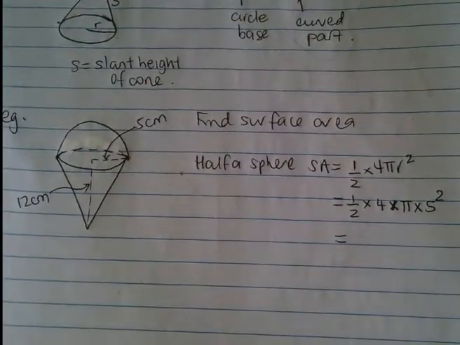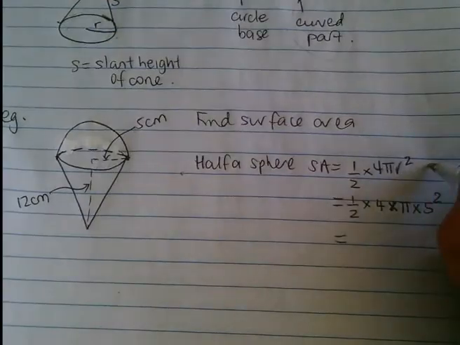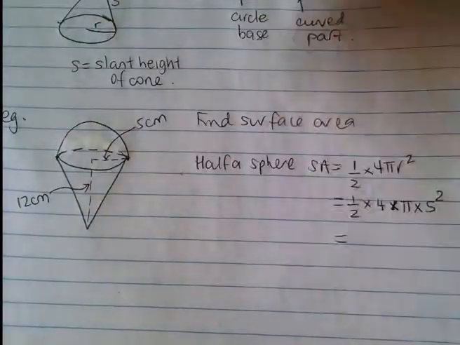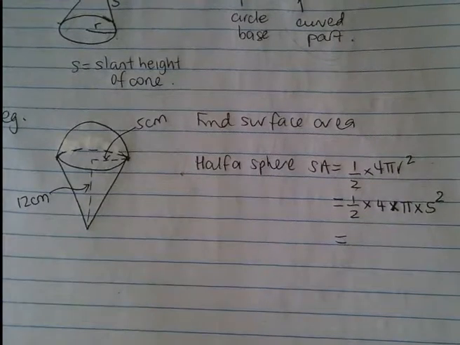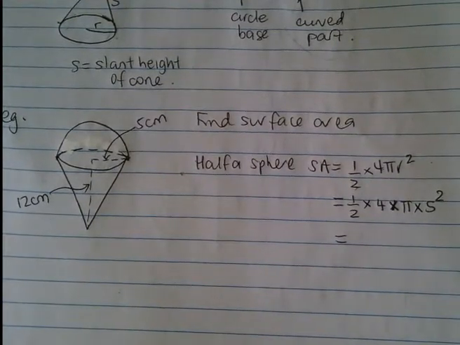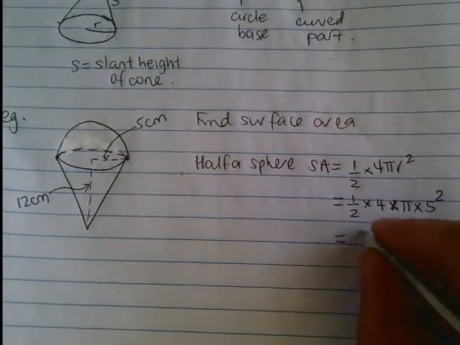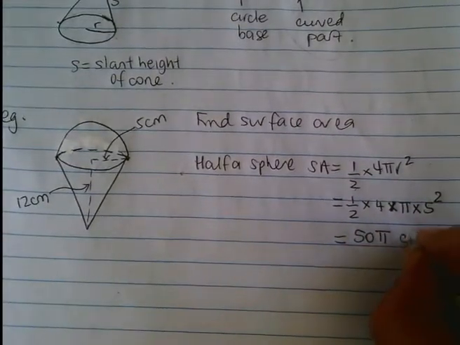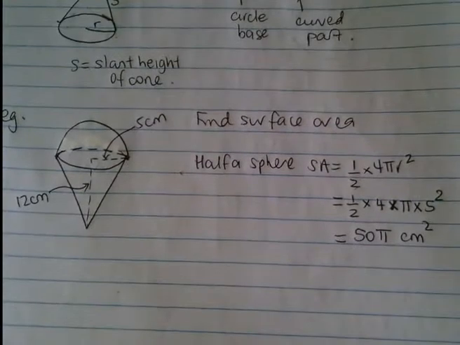So find the surface area. Girls, I know I've jumped straight into a harder one, but we've got half a sphere. Now, a full sphere is 4 pi r squared. Half a sphere is a half of that. A half of 4 times pi times 5 squared. That's 2 times 25, 50. 50 pi. Units, centimeters squared.